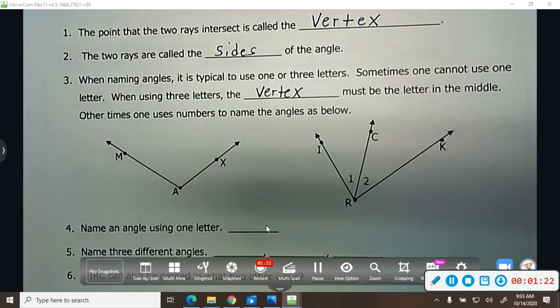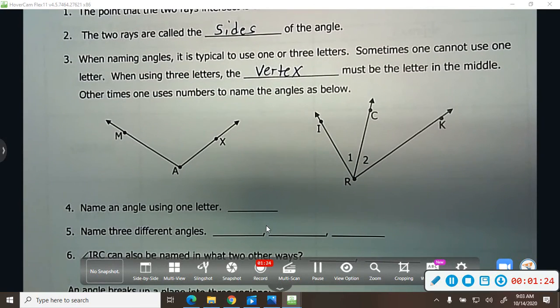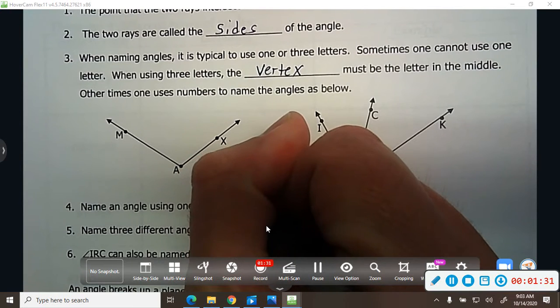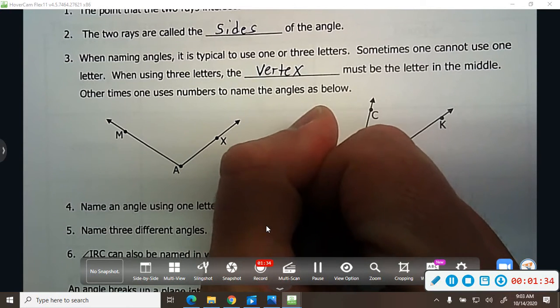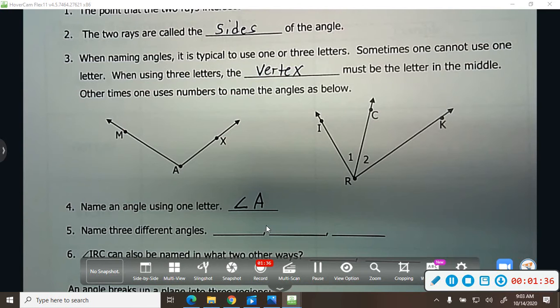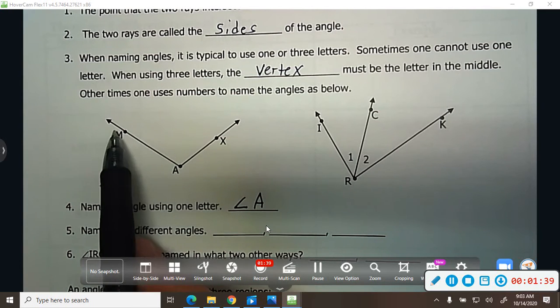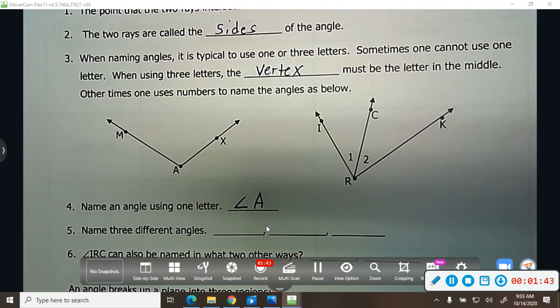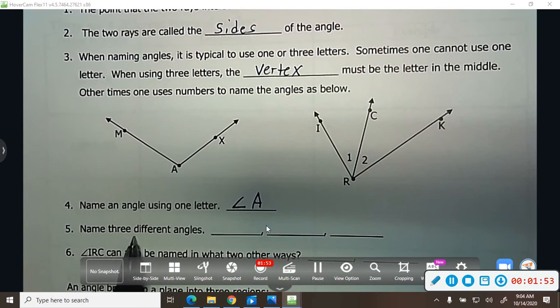So here's an example. Name an angle using one letter. I could just call this angle A. Okay, angle A, we're assuming is this angle right here. Now, I could name using three letters.